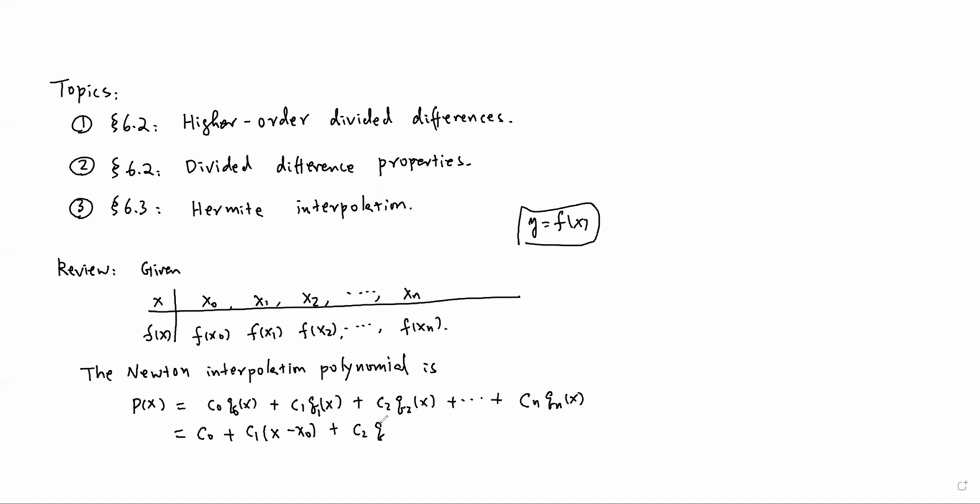Q2 is x minus x0, x minus x1, and so on. Qn is x minus x0, x minus x1, up to x minus x(n minus 1).